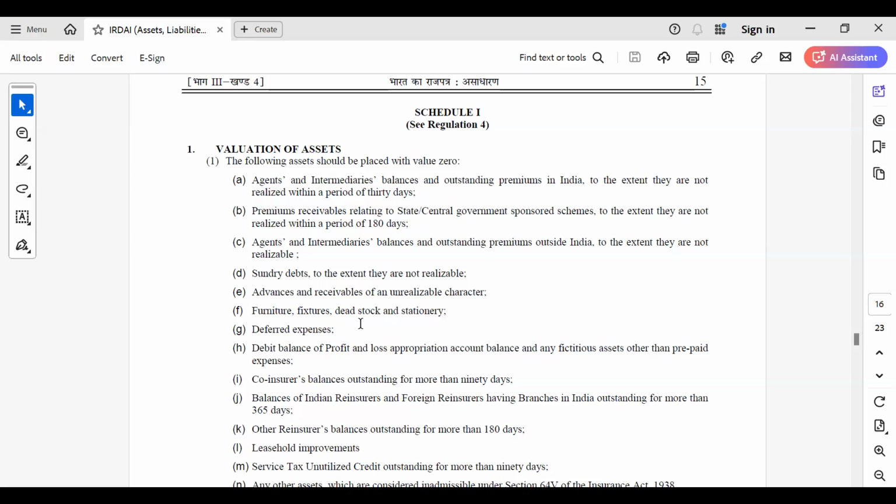Agents' and intermediaries' balances and outstanding premium outside India, to the extent they are not realizable. In India and outside India there are 2 types of limits. In India there is 30 days. Outside India, the moment they are not realizable, they have to be disallowed. These things cannot be considered in the assets and have to be reduced from the amount of assets. Sundry debts to the extent not realizable. Advances and receivables of an unrealized character.